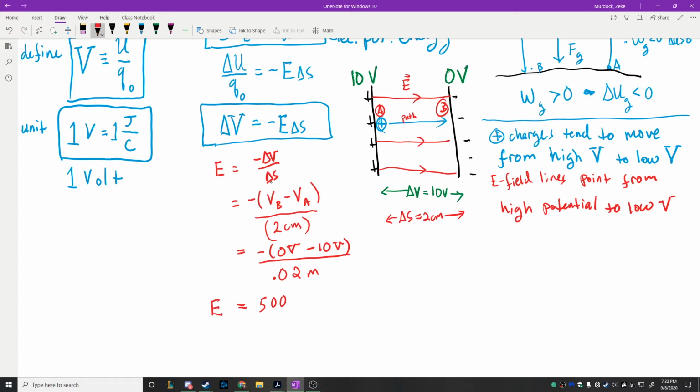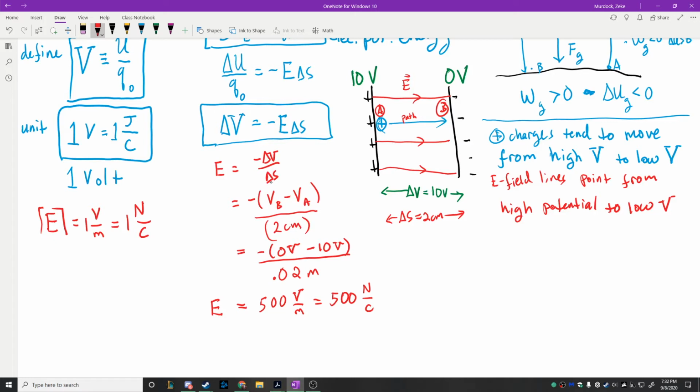And its units, it looks like there's a new unit here, right? Volts per meter. It turns out that 1 volt divided by a meter is equivalent to 1 newton divided by coulomb. So up till now, we've been saying that the electric field had units of newtons per coulomb, and now it would have units of volts per meter, which is the same thing.